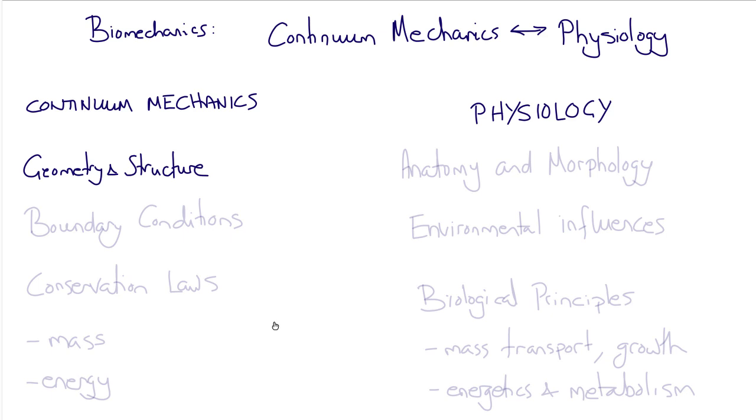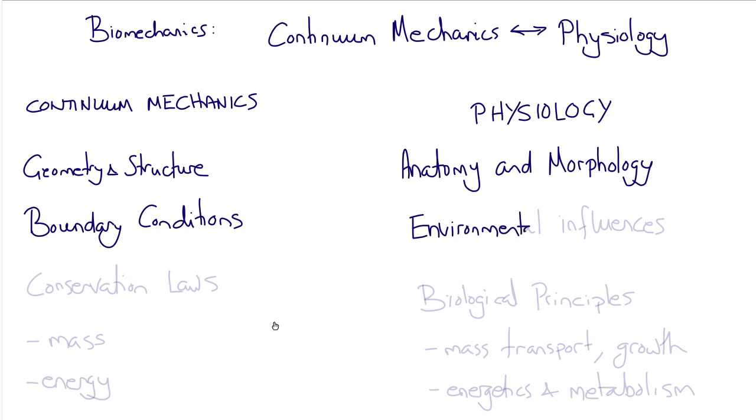So in continuum mechanics, we have geometry and structure. Well, in physiology, usually the first thing you learn about the physiological system is about its anatomy and morphology. You can't understand how an organ or tissue works until you know about its structure. The boundary conditions in a mechanics problem correspond to the environmental influences acting on the tissue or organ, and as you know, that's a big part of physiology.